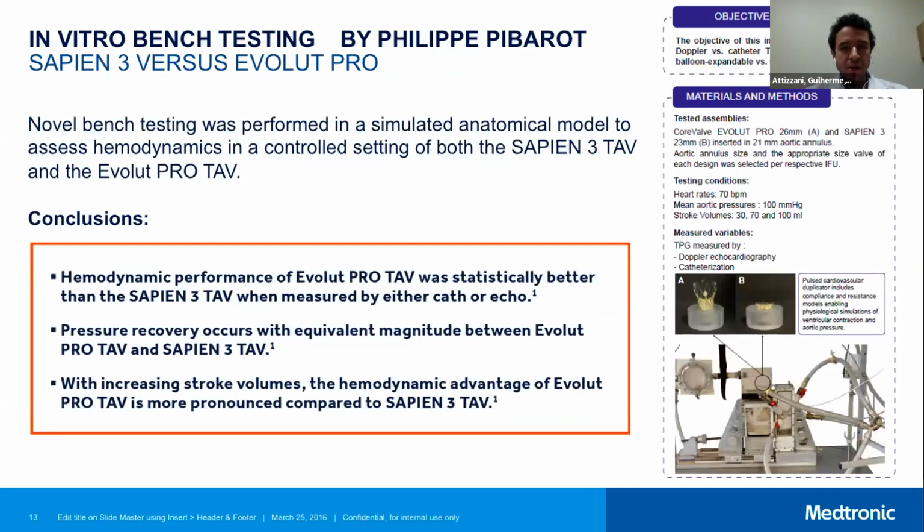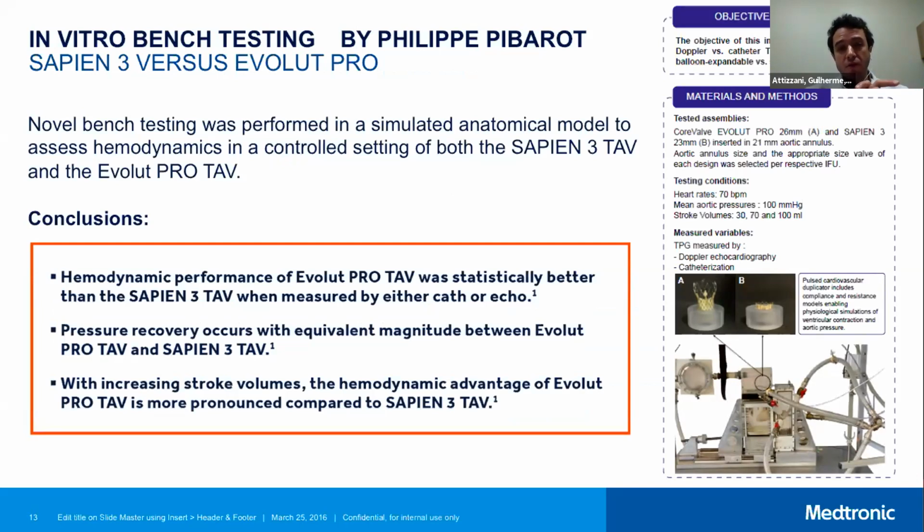This is interesting bench testing conducted by Philippe Barrault, but basically the bottom line here is that they put a SAPIEN valve as well as an EVOLUT valve in a bench model. And the main message of this study is that the hemodynamic performance of the EVOLUT was statistically better than the SAPIEN valve, whether measured by echo or by catheter.